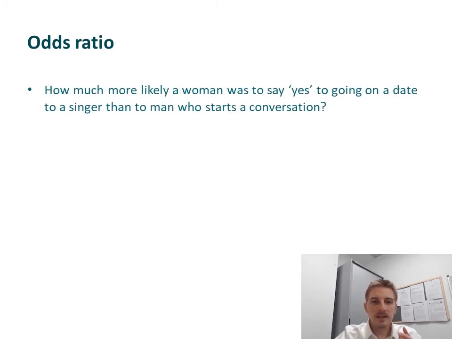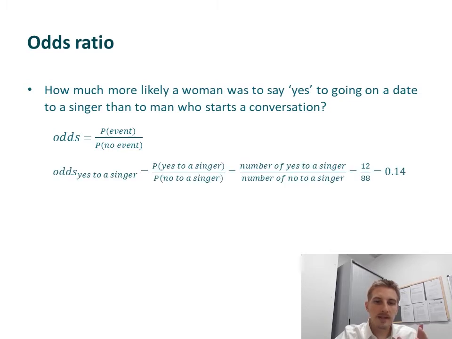And the effect size can help you to answer how much more likely a woman was to say yes to going on a date to a singer than to a man who started a conversation. In order to do that, you need to calculate the odds ratio. So you will need to calculate the odds of an event, which is the probability of an event divided by the probability of no event.